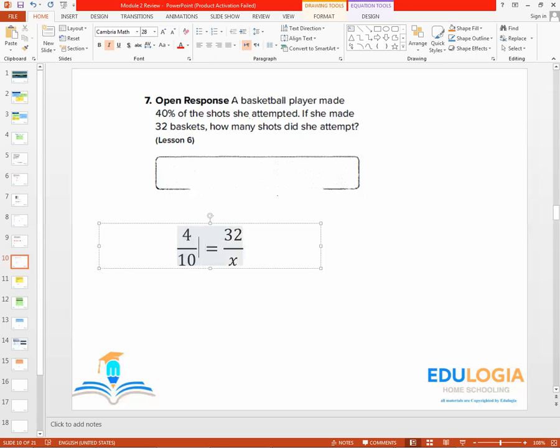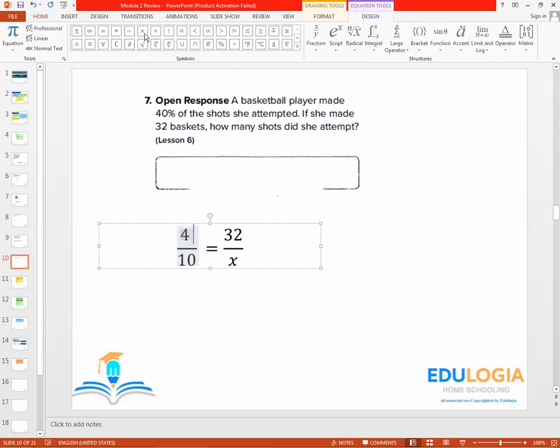Now you have to make 4 as 32. Which number should you multiply? I need a number to multiply 4 to get 32. 4 multiplied by what gives you 32?